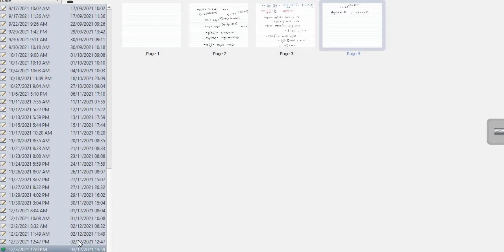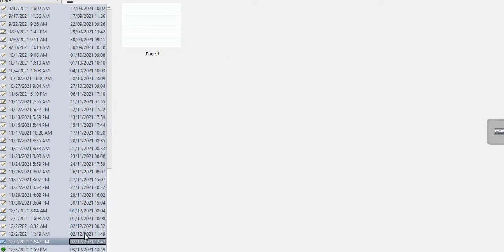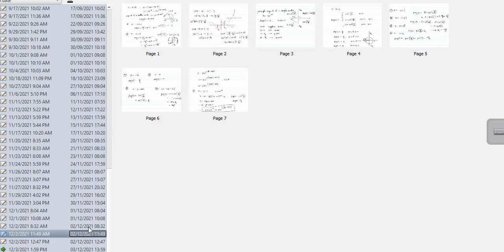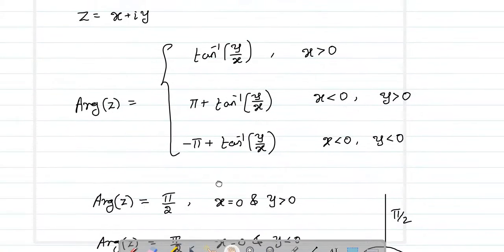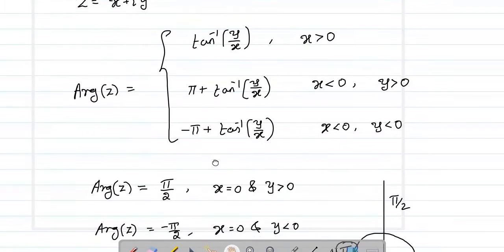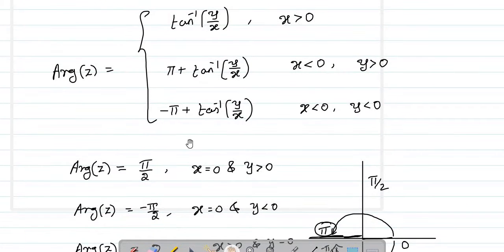So let me show you the formula we wrote yesterday. Here you can see that z equals x plus iy, where the argument of z, when x is positive, you can simply take tan inverse of y by x.